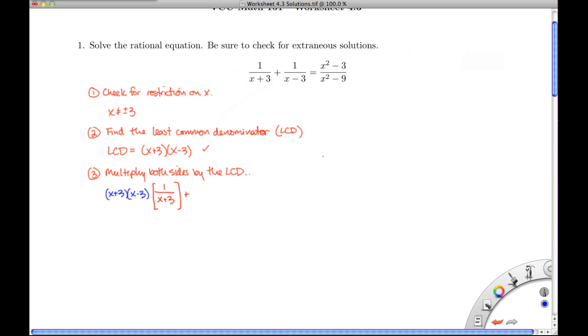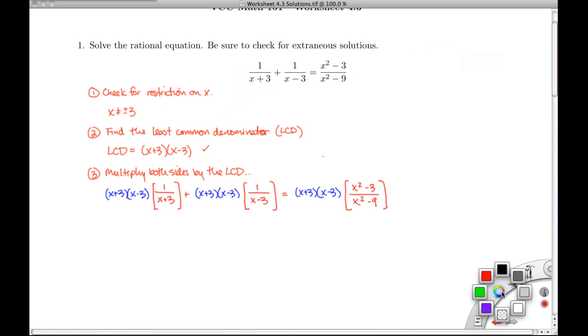So now we take our LCD again, which is x plus 3 times x minus 3, and we multiply this by our second term, which is 1 divided by x minus 3. We're going to take our LCD, which is x plus 3 times x minus 3, and we will now multiply this by our last term, which was x squared minus 3 divided by x squared minus 9.